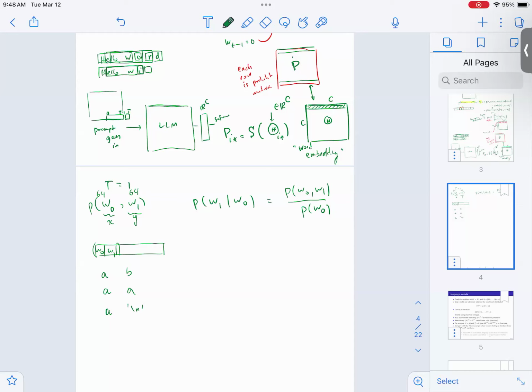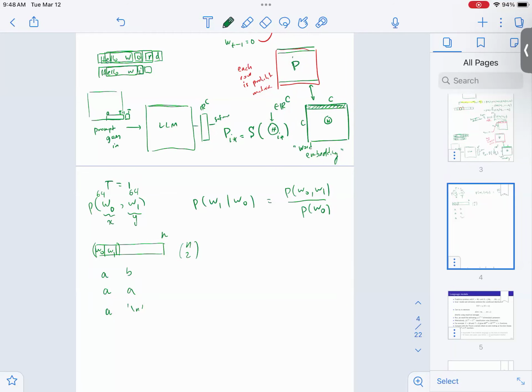Let's say the length of the text is n, so there are roughly n choose 2 possible pairs of this form. The idea is that you treat the distribution of this pair as the same as the distribution of any other pair.